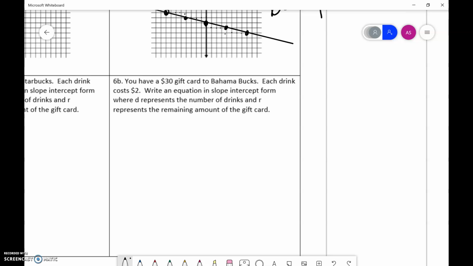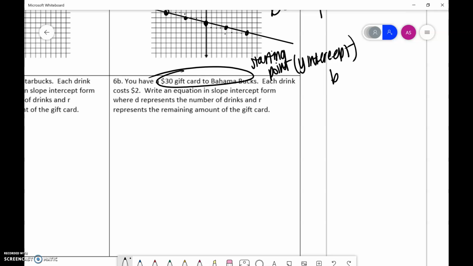But we have a gift card that's $30. So I'm going to go ahead and circle that $30. That's what they're starting with. So I'm going to put that this is our starting value, and we know that a starting value is also our y-intercept. So we can just put that that's going to be B, because we're going to write that equation.